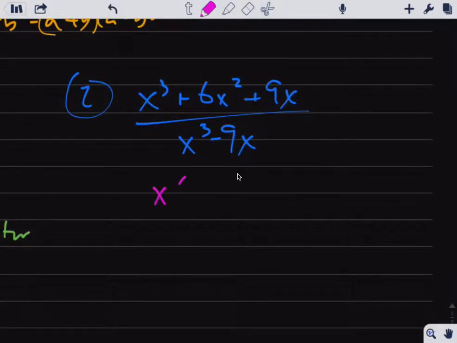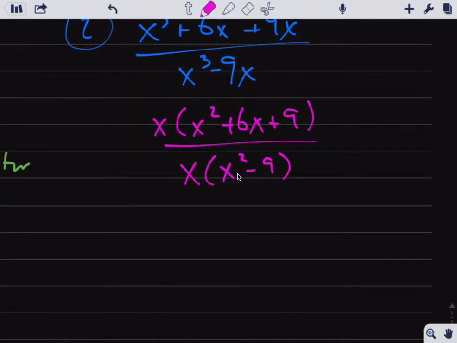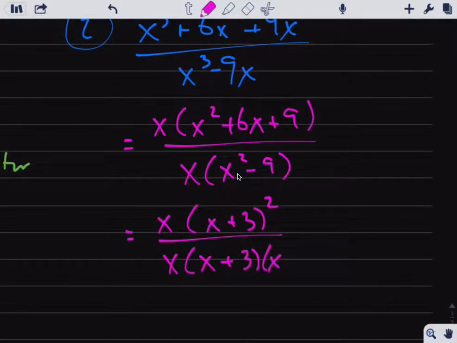We pull out the GCF and we get x squared plus 6x plus 9. On the bottom we can pull out a GCF of x and we get x squared minus 9. The top is a perfect square trinomial, which means it's x plus 3 squared. And the bottom, that's the difference of squares. So we get x plus 3, x minus 3.